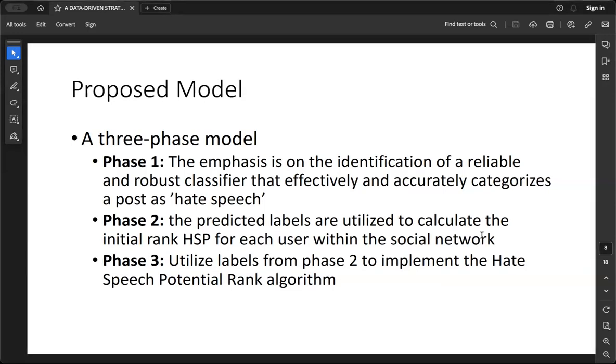And based on that label, I'm going to come up with an HSP value for me, which is going to be the ratio of the number of hate speech posts that I've made over the total number of posts that I have made. And after these HSP values have been generated for each user, together all of those is going to be fed into our hate speech potential rank algorithm, which is going to be our phase three. So let's look at each of these phases as we go.